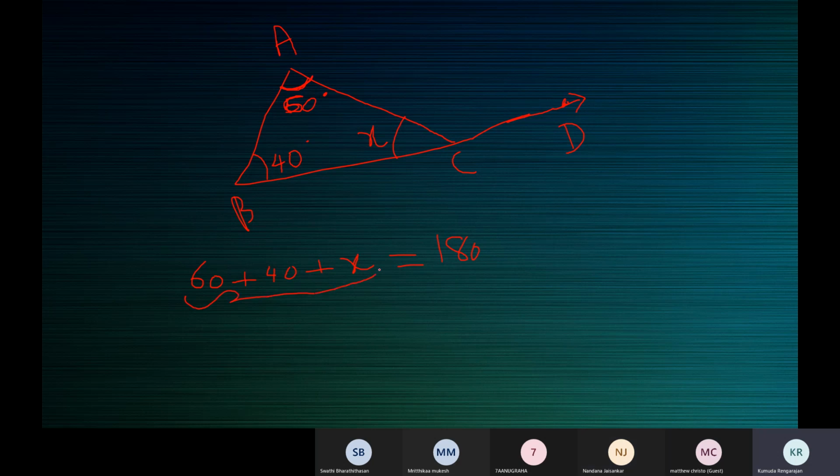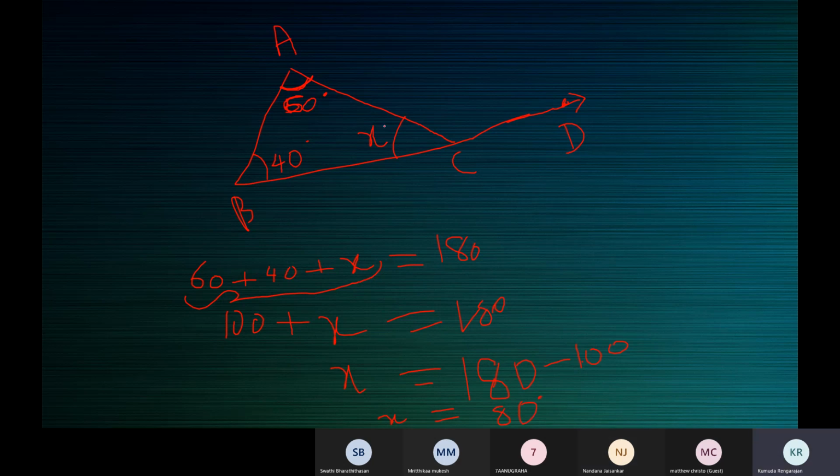The sum of the three angles, 60, 40, and x: 60 plus 40 plus x is equal to 180. 100 plus x is equal to 180 degrees. So x is equal to 180 minus 100, which is 100, and then x is equal to 80 degrees.